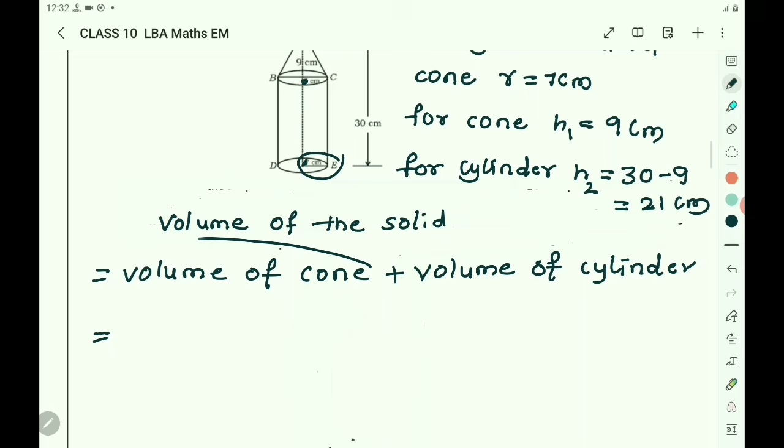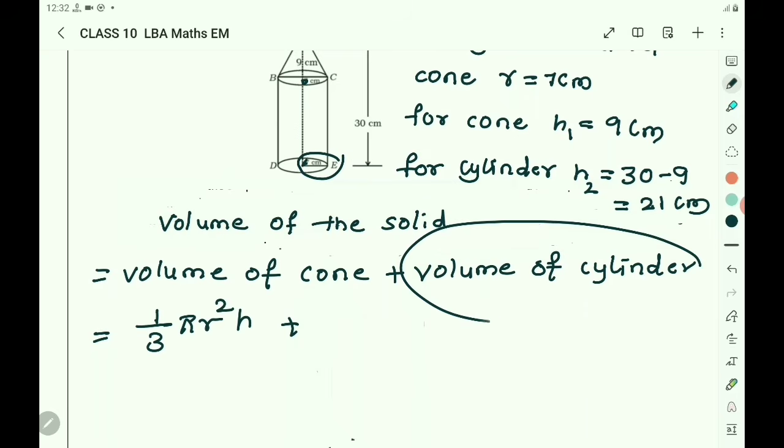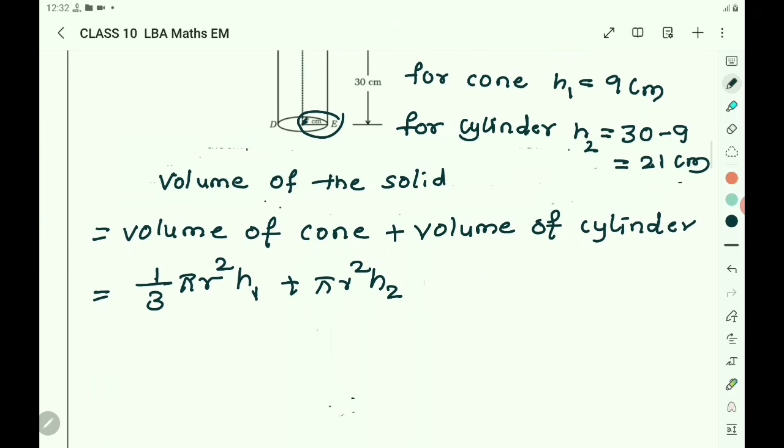Equals, what is the formula for the volume of cone? Volume of cone is 1 by 3 pi r square h plus volume of the cylinder is pi r square h. Here heights are different. Height of the cone is h1, height of the cylinder is h2. r square are there.